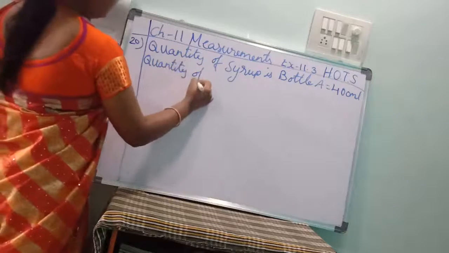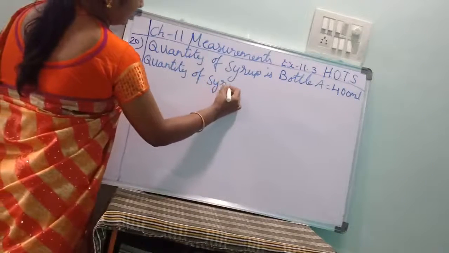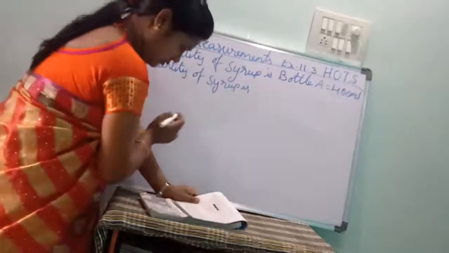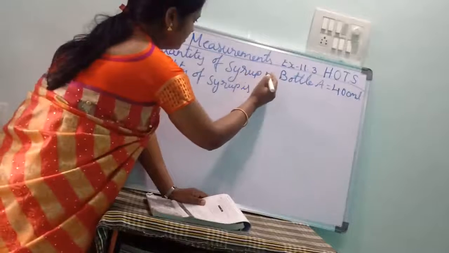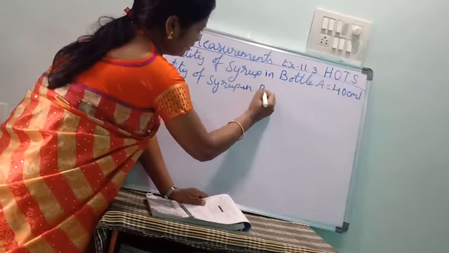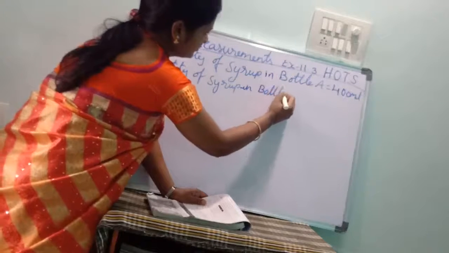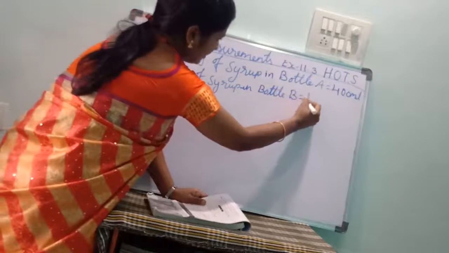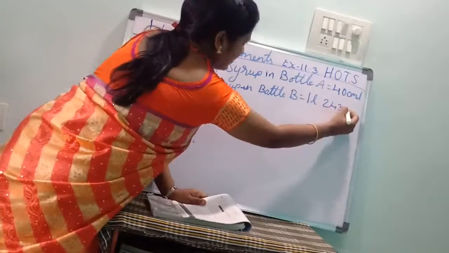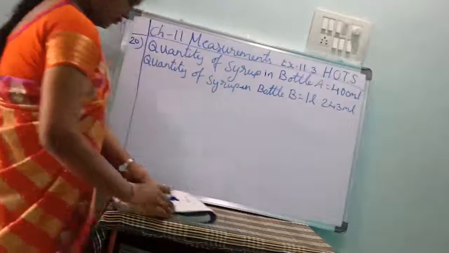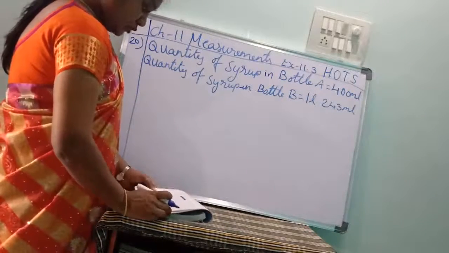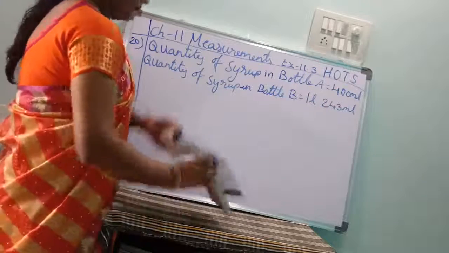Quantity of syrup in bottle B, 1 liter 243 ml. Okay. Next, what do you have to find? What is the total quantity of syrup in both bottles?